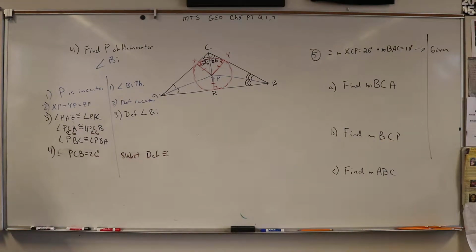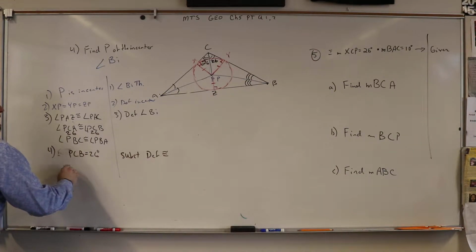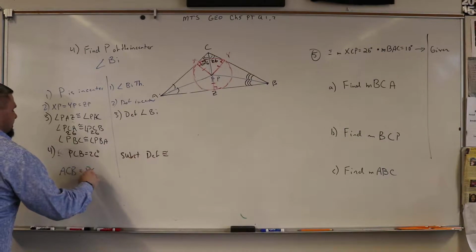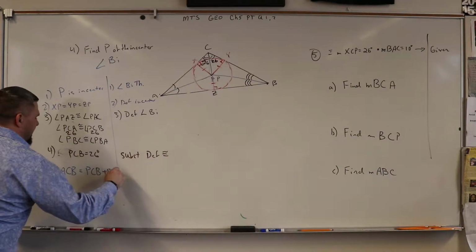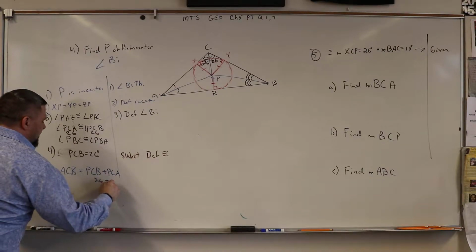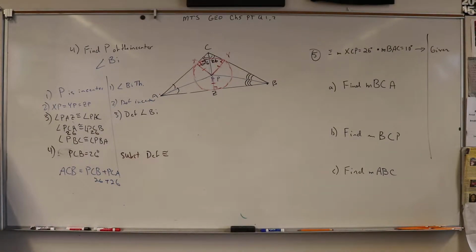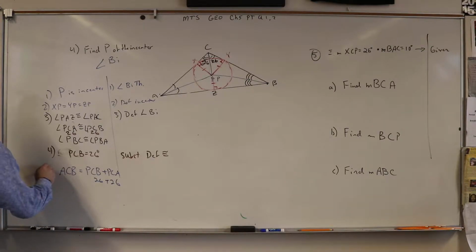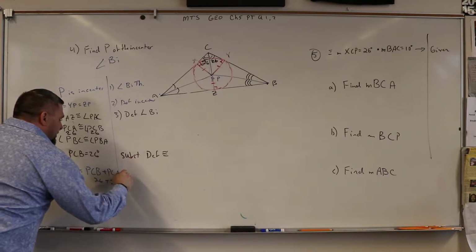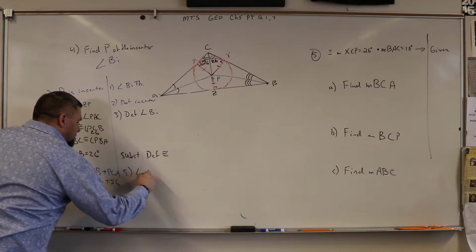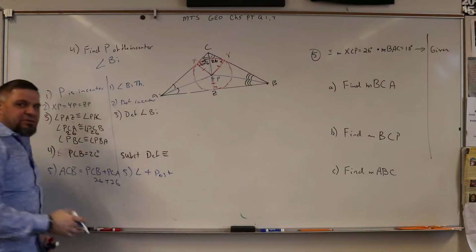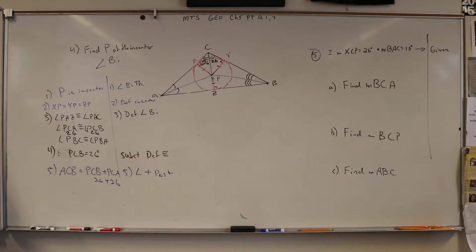So if they're both 26, ACB is equal to PCB plus PCA, so 26 plus 26, right? Okay. So what's this one? Well, this is angle addition postulate, right? Two angles add up to be a third angle.